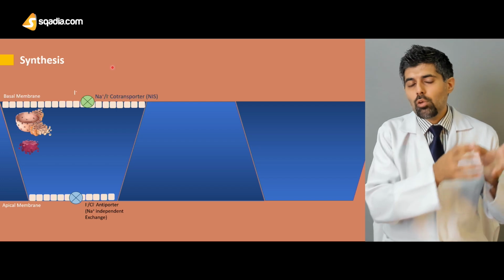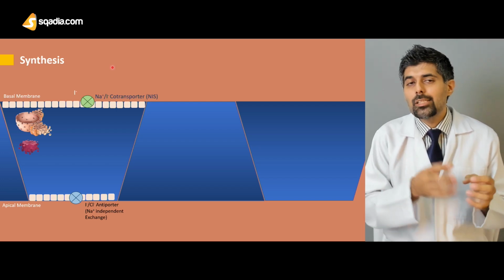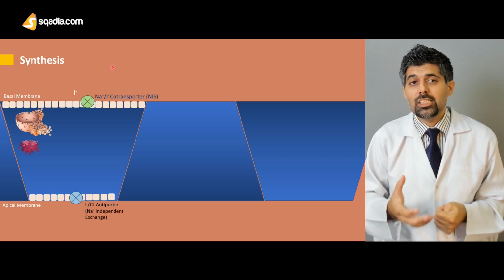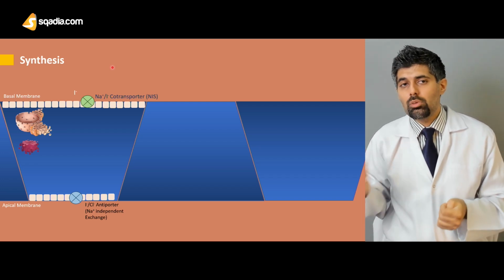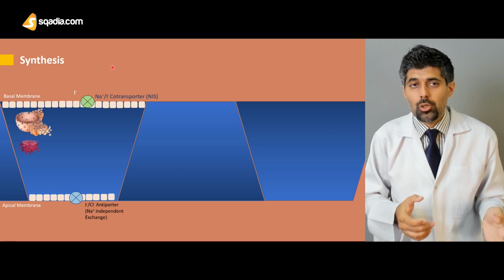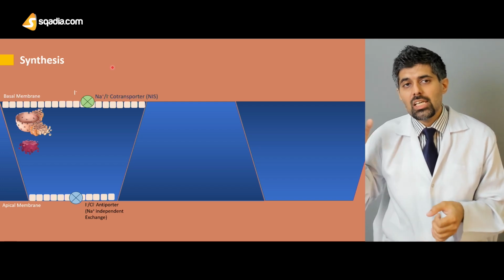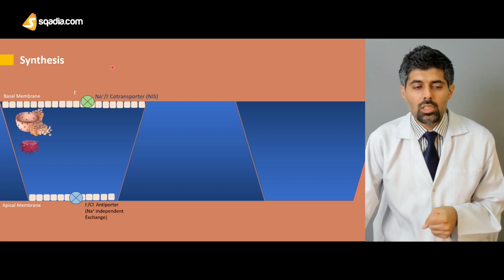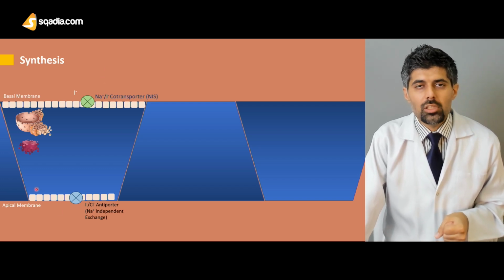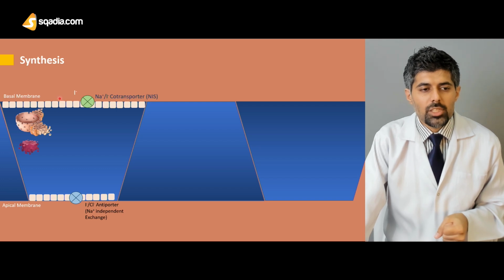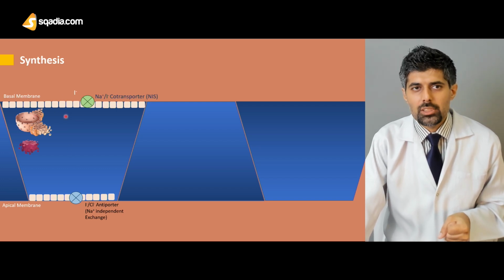Now, the function of the parafollicular cell is to synthesize the calcitonin. As you might recall, it is the other hormone that is released by the thyroid gland, and it is involved with the calcium balance.